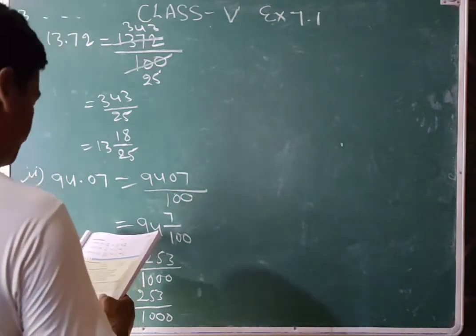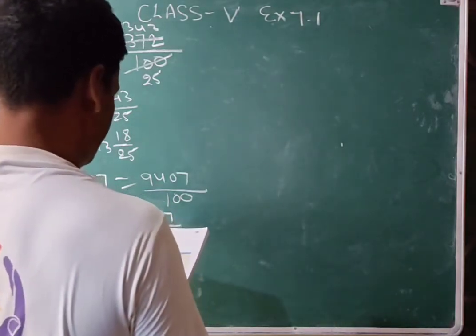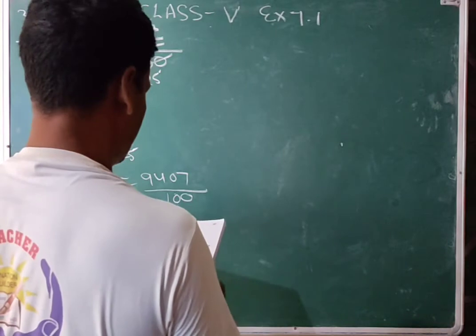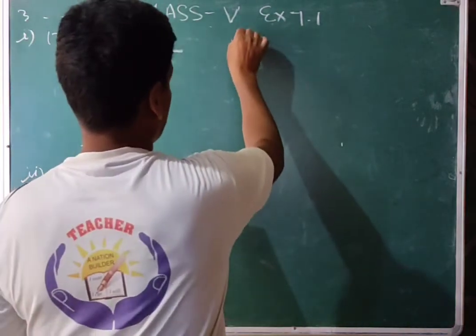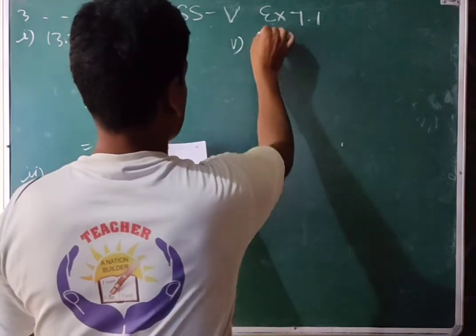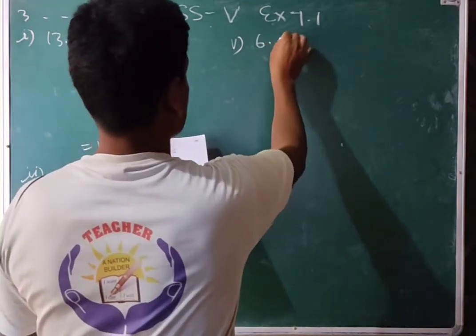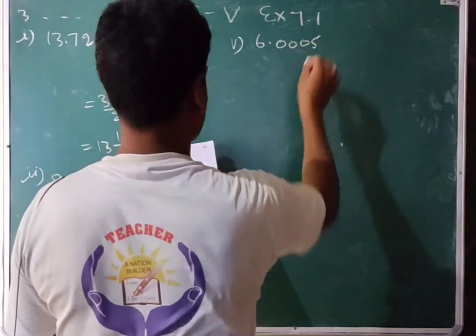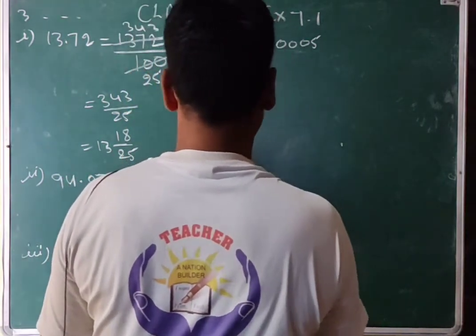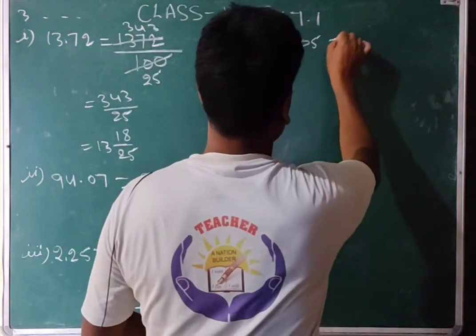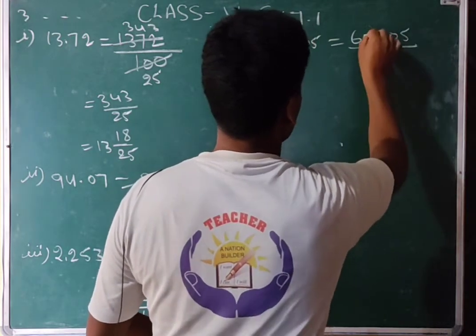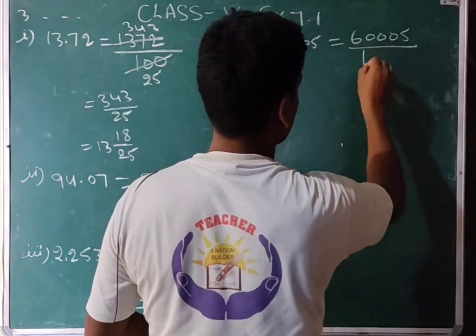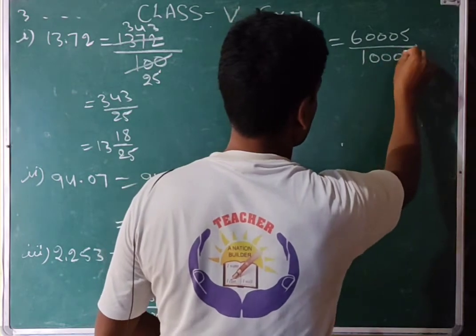And then the fourth question you can do. See the fifth part, that is 6.0005. That will be 60005 upon, on the place of decimal you will write 10000.